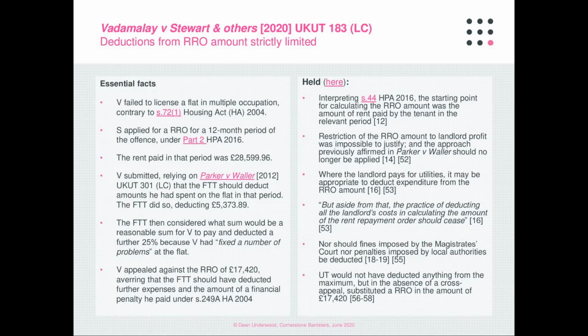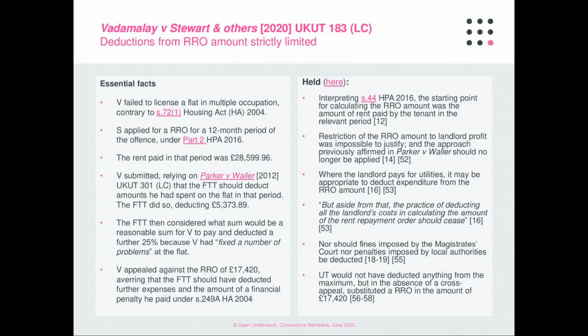So the landlord submitted, relying on previous authority, Parker and Waller, which I've given a link to there, that the First-tier Tribunal should deduct amounts that he'd spent on the flat in the relevant 12-month period. And that included amounts, for example, relating to the maintenance and repair of the property. The First-tier Tribunal accepted that submission, applying Parker and Waller, and deducted £5,373.89 from the final amount.